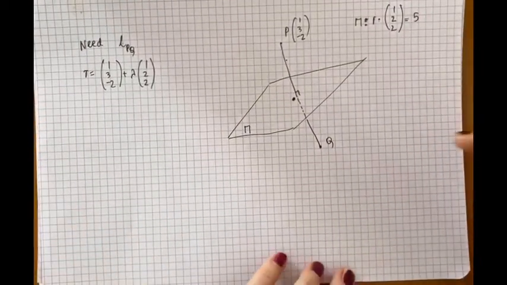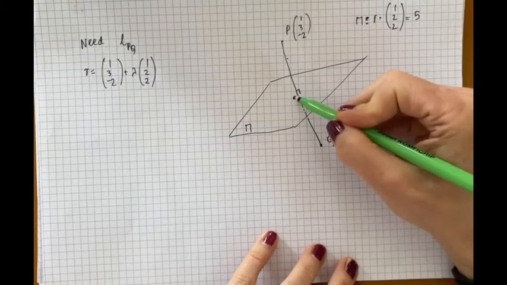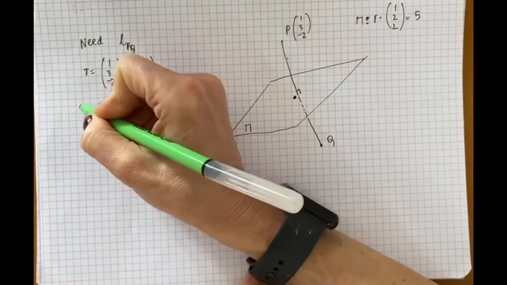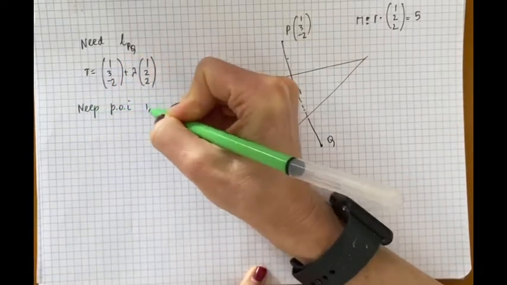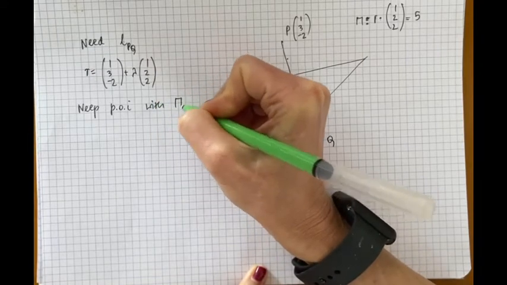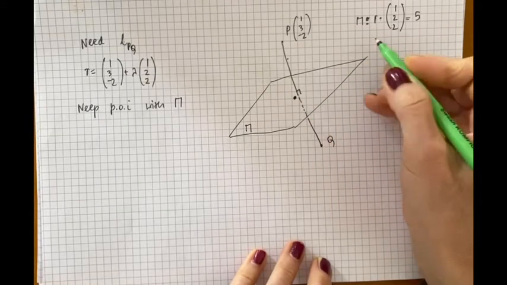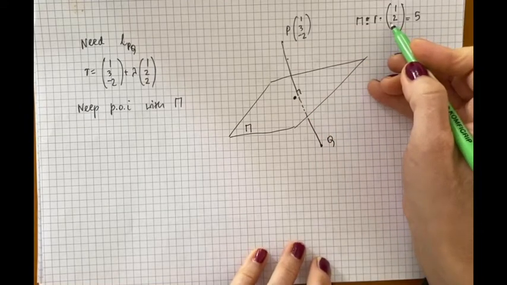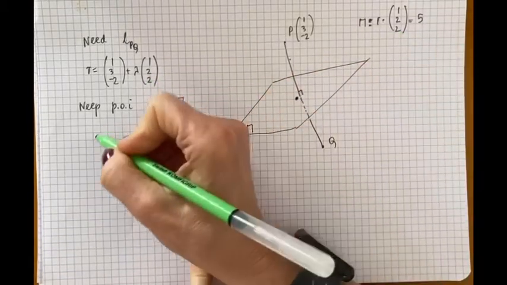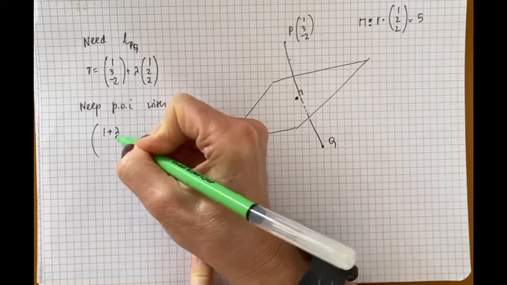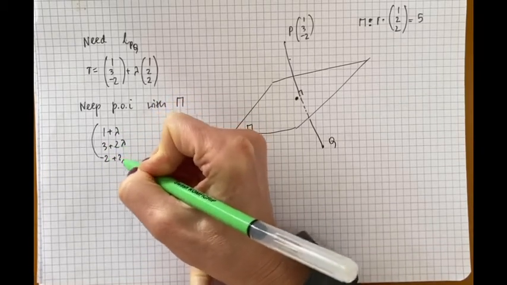Okay, so in order to find the position vector of that point, we need the point of intersection with pi. So what we're going to do is substitute the general point of the straight line into the plane. So 1 plus lambda is that point, 3 plus 2 lambda, minus 2 plus 2 lambda.